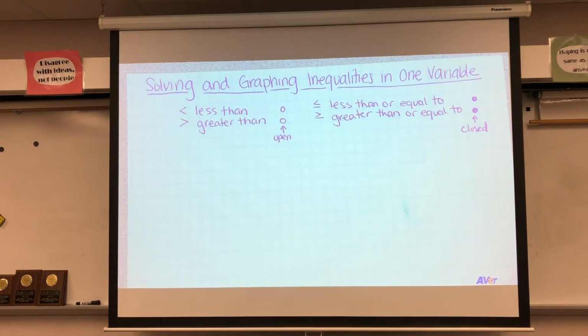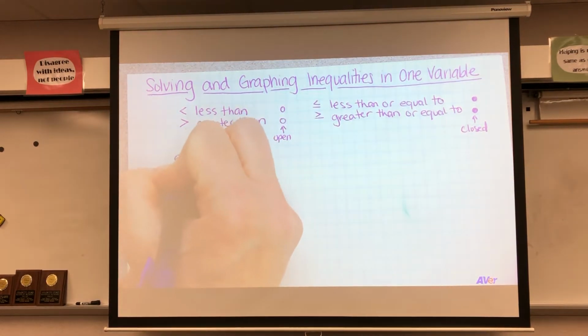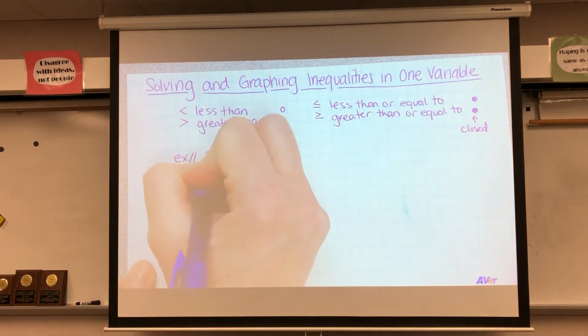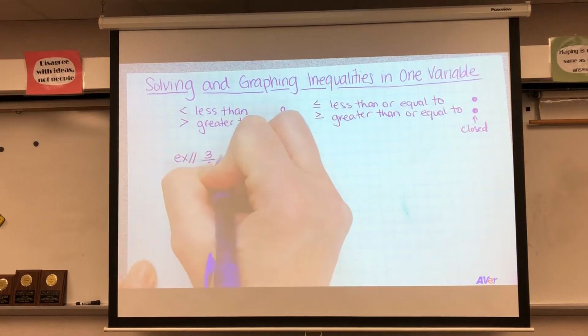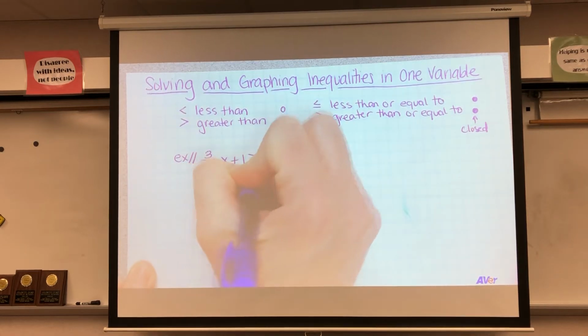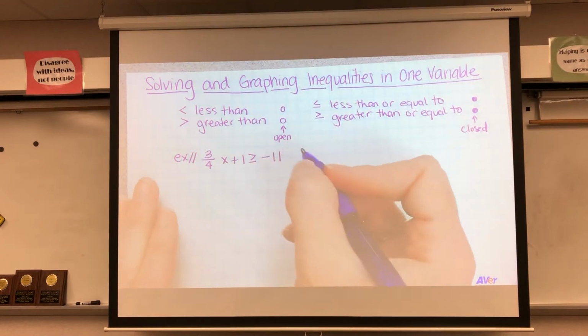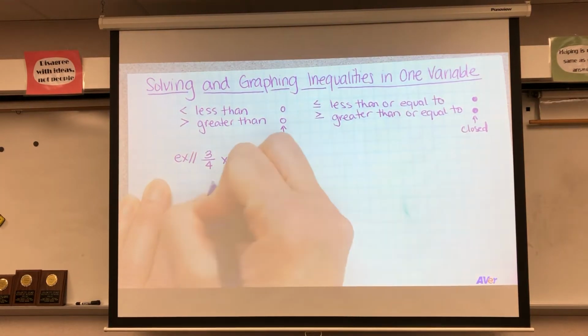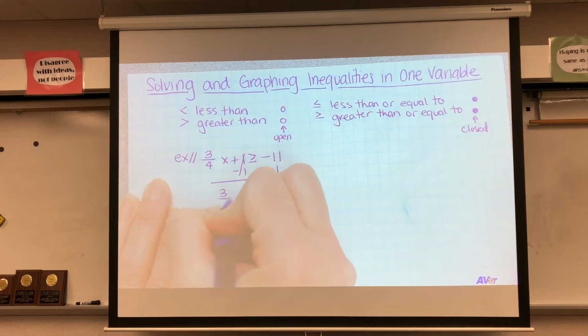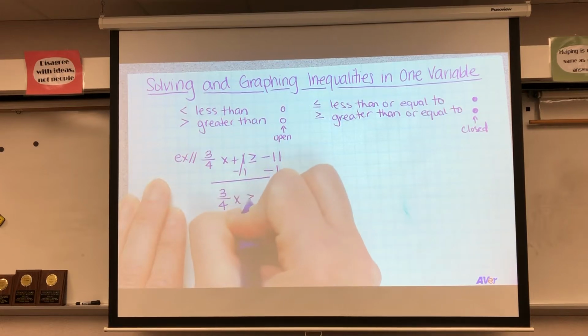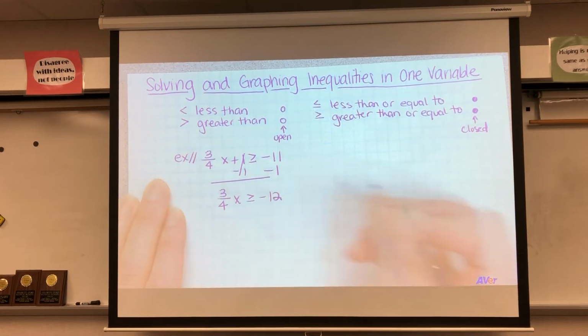So if I want to solve something, let's say I did this example and I said solve and graph for x. Well, hopefully, again, the first thing you do is you almost pretend that inequality isn't there, treat it like an equal sign and just solve the problem. So we'd subtract 1 from each side. So I have 3/4 x is greater than or equal to -12.